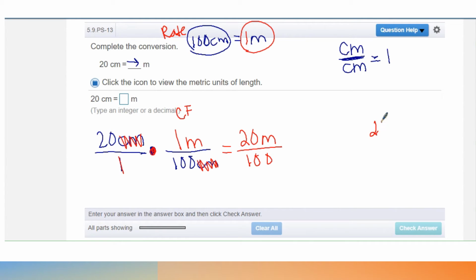So I have 20 and I'm dividing by 100, so I can move my decimal point 2 times to the left, and that's going to give me 0 and 2/10 meters. That 0 is just the placeholder. So I can cross off that 0 and look at that, 2/10. So literally that's my answer, 2/10 meters.